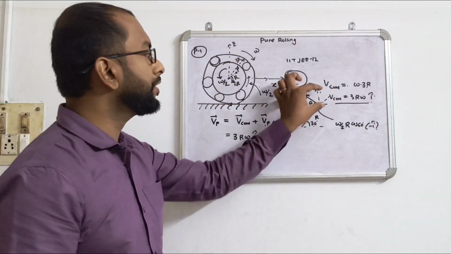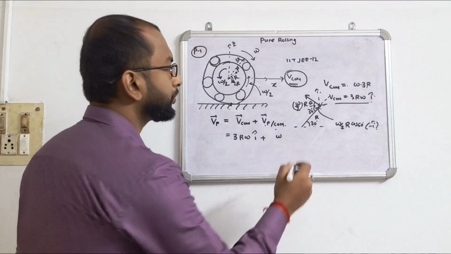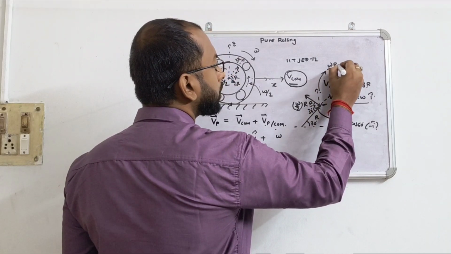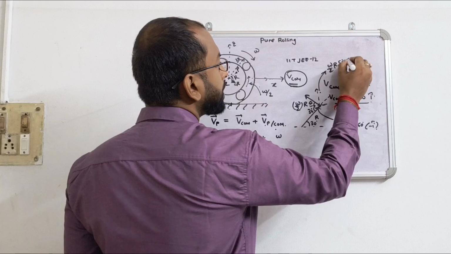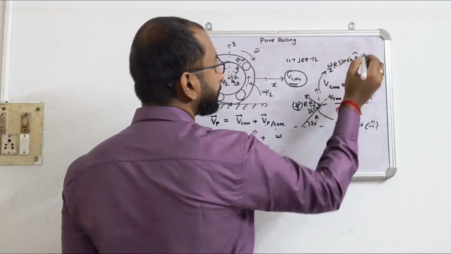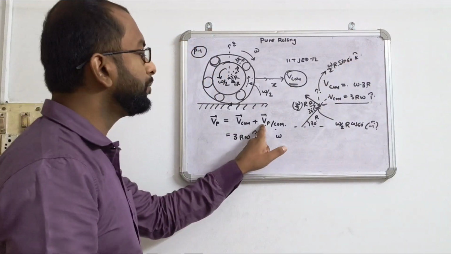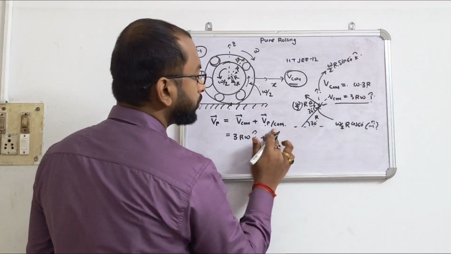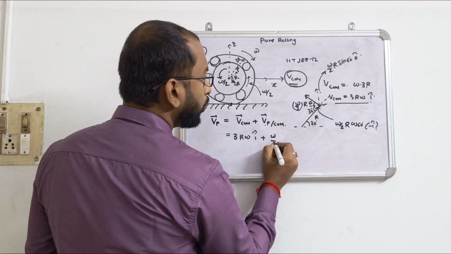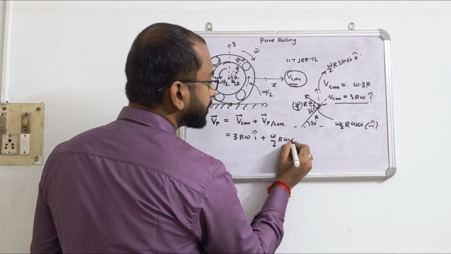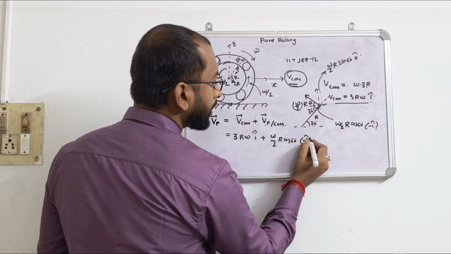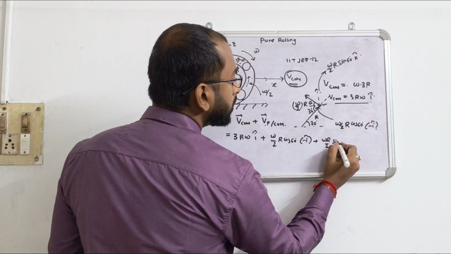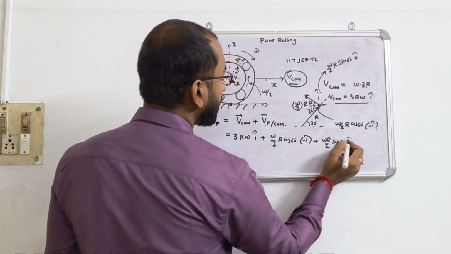The other component is towards the z-axis: omega by 2 r into sine 60 into k. So Vp with respect to the center of mass is the summation of these two: omega by 2 r cos 60 minus i plus omega r by 2 sine 60 k.